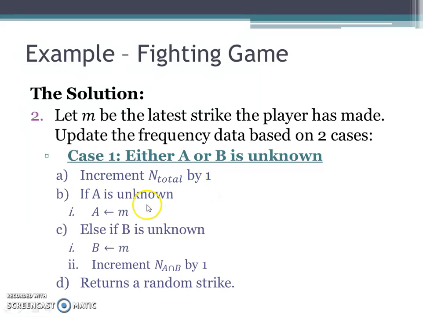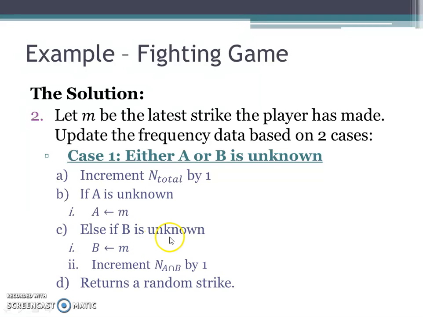Now, if A is unknown, that means if I don't know any strike that the player has made so far, then you have to set the A strike to M. So that means A will store the latest strike in the case where A is unknown.